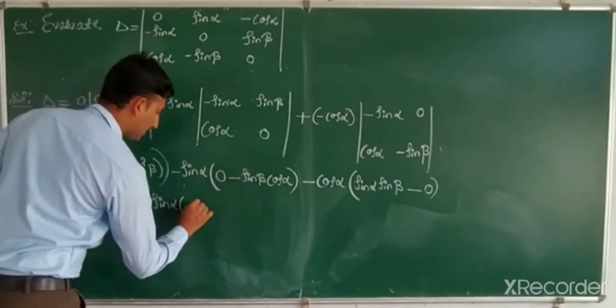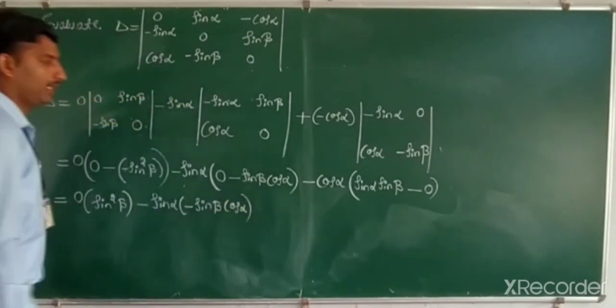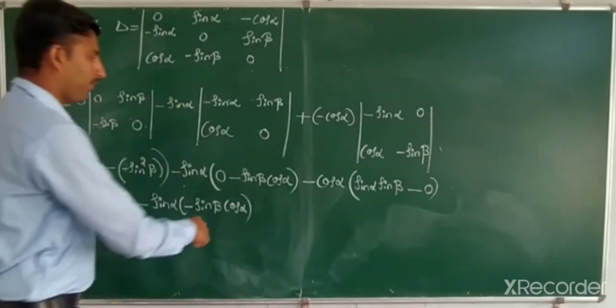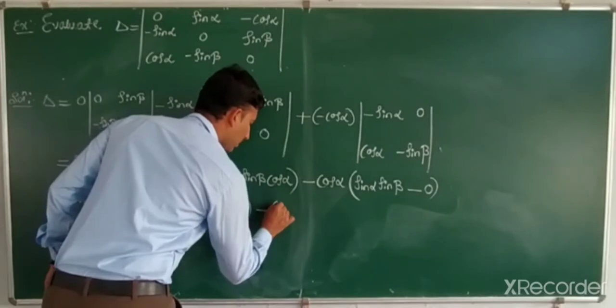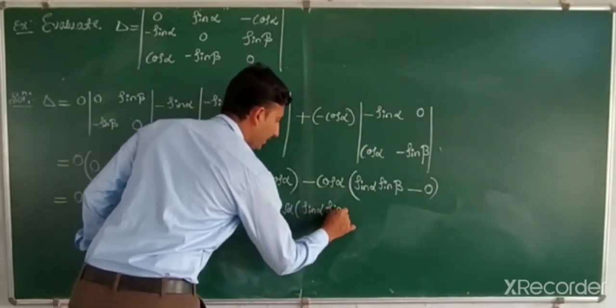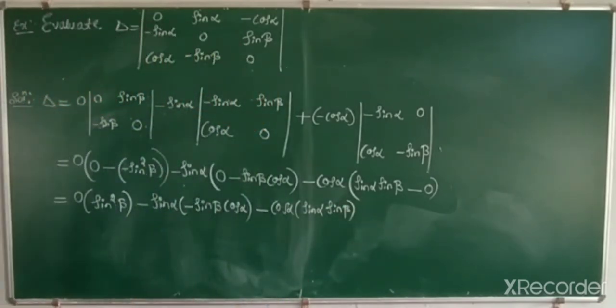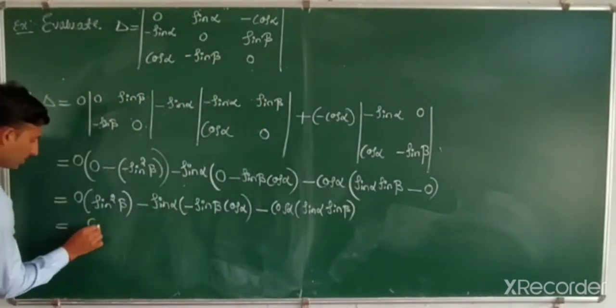Whatever the value, 0 into minus of minus is plus sin square beta. Minus sin alpha into minus sin beta cos alpha. After that, minus cos alpha into sin alpha sin beta, whatever the values, this value is 0.